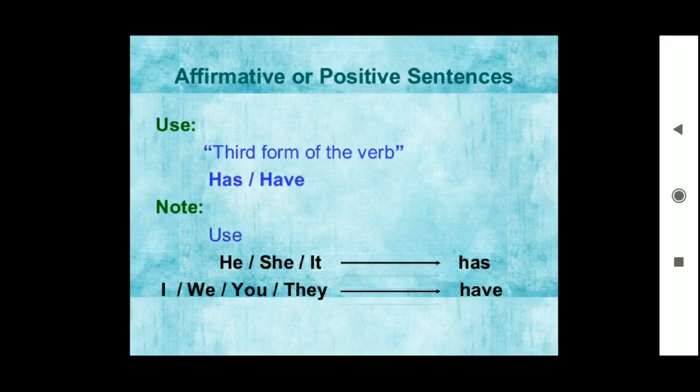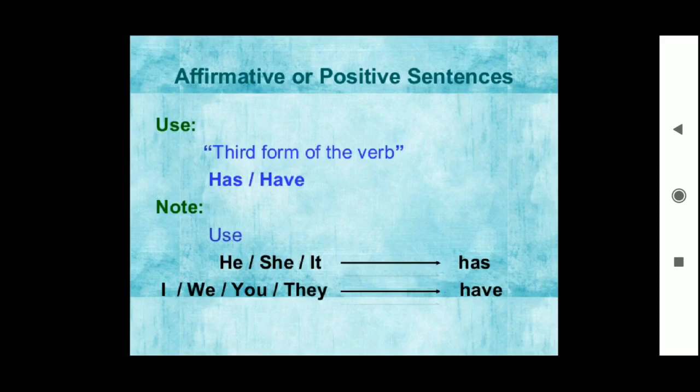So here in this slide, present perfect, affirmative or positive sentences, we use has or have plus third form of the verb. But the question is, where do we use has and where do we use have?